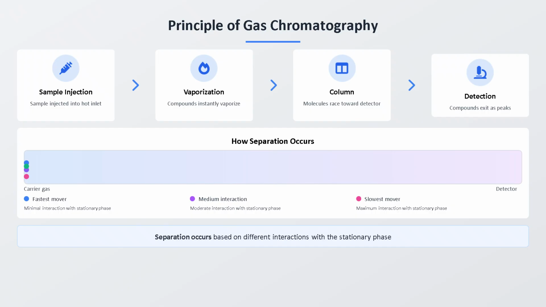Fast-moving molecules have minimal interaction, while slower ones interact more strongly. This difference in interaction creates separation, and the compounds exit the column as clean, distinct peaks. GC is essentially the racetrack where molecules compete to reach the detector.